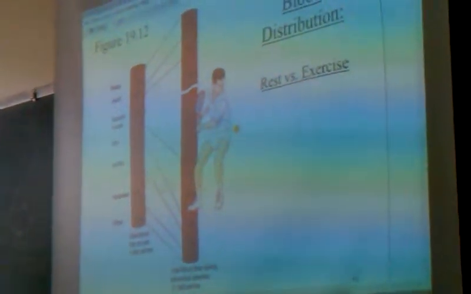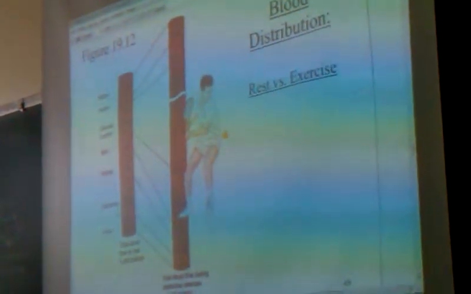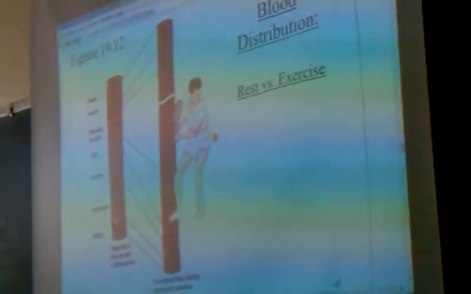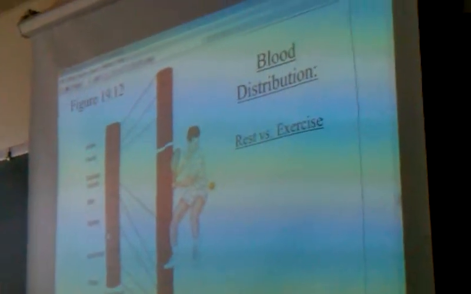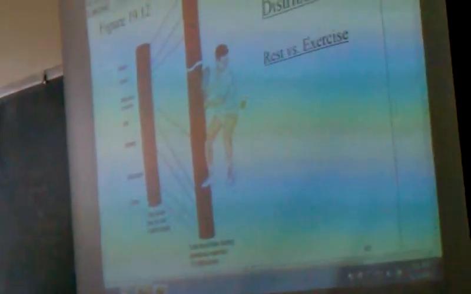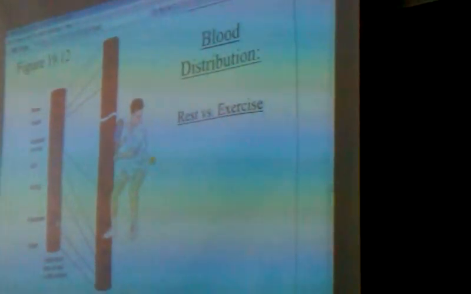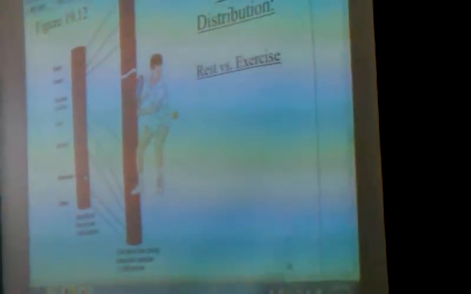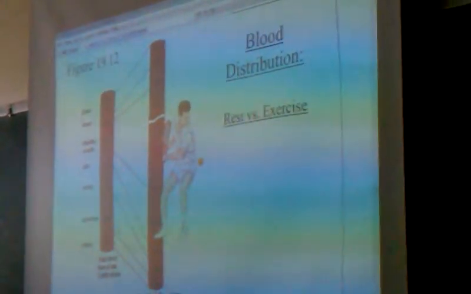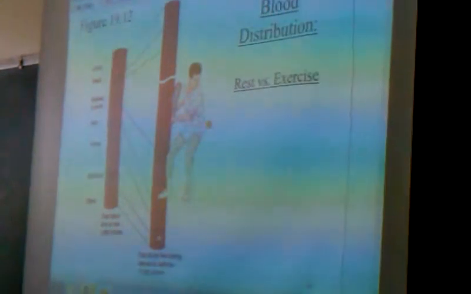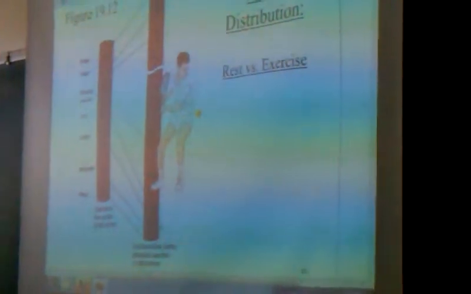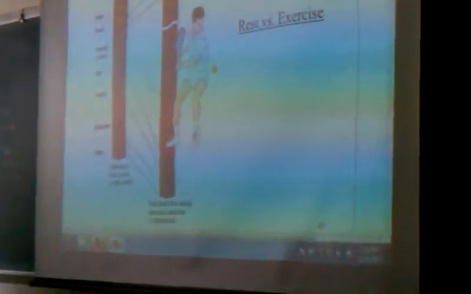Huge, okay? At rest, a state of rest and relaxation, you've got nice blood flow to your abdomen, to your gastrointestinal tract, digesting your meals. As soon as you start exercising, we have arteriovenous anastomosis, shunting blood away from the digestive tract, and we reduce blood flow to the digestive tract. Also the skin.